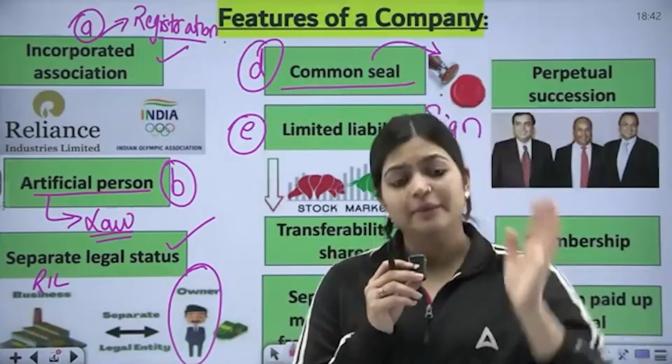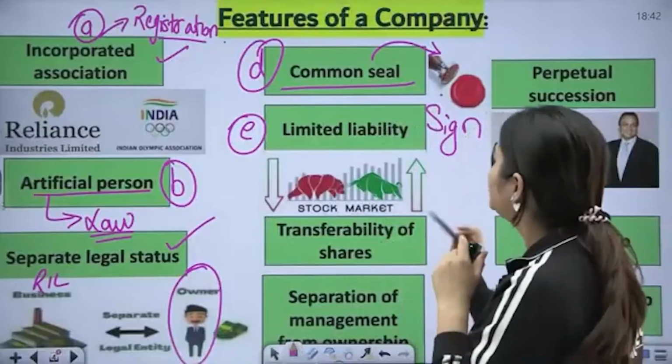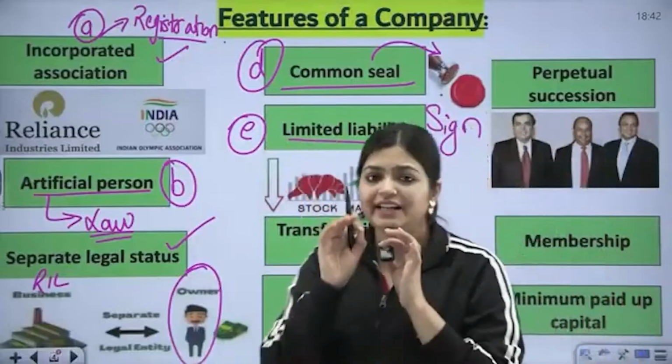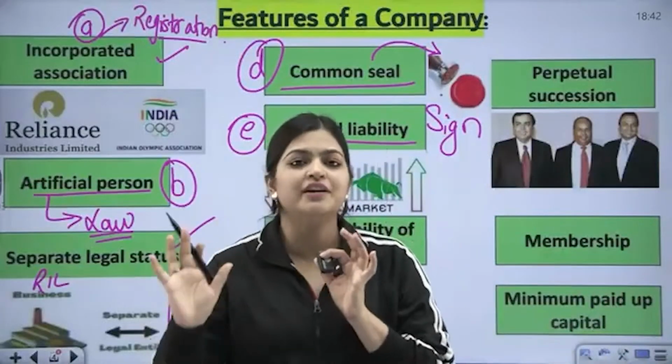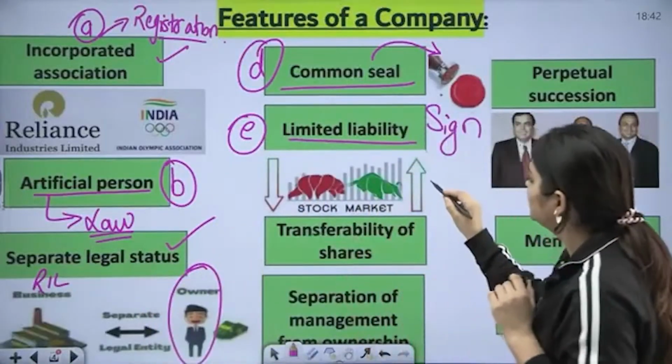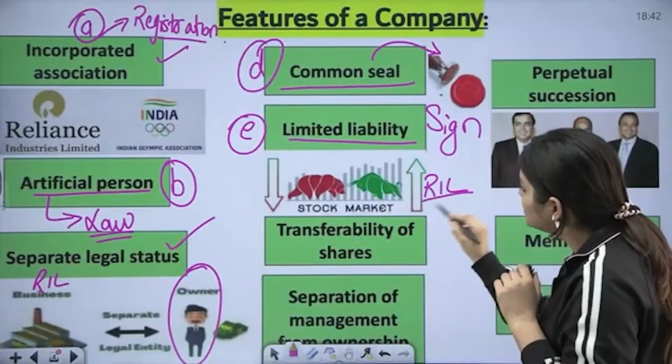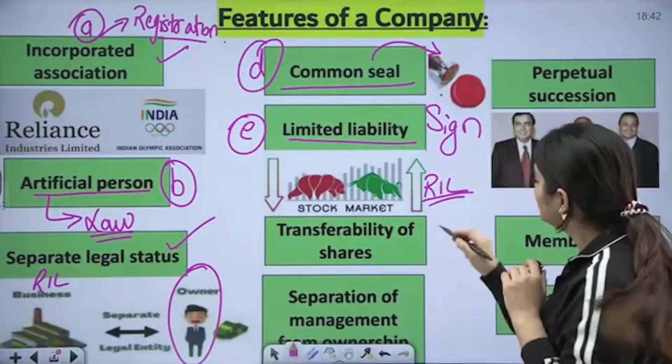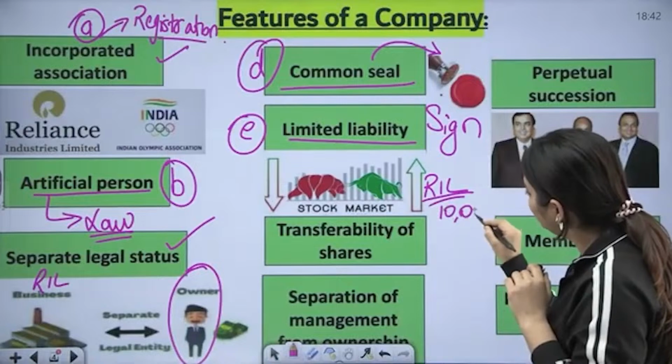Now when we say limited liability, you need to understand that we are liable only for the amount which we are investing in that company. Suppose you are purchasing Reliance Industries shares from the stock market, and you have invested 10,000 rupees.